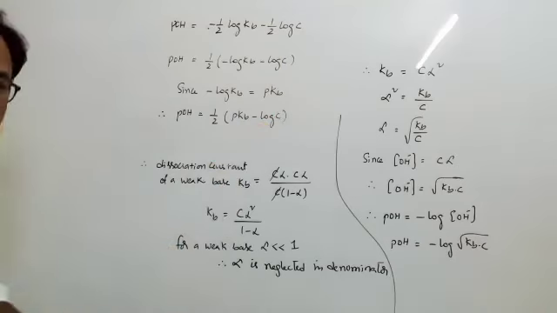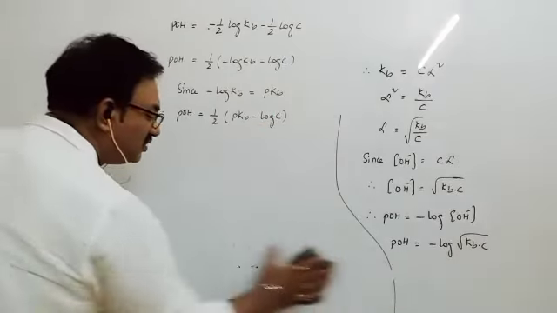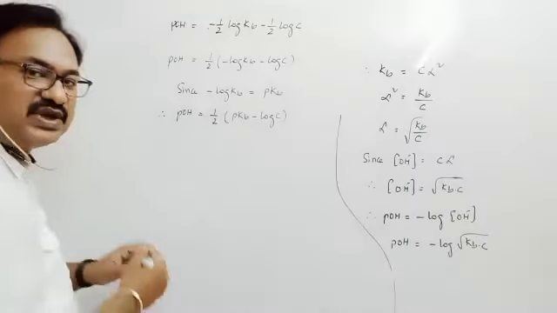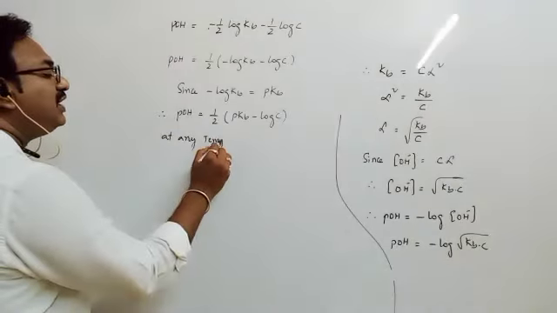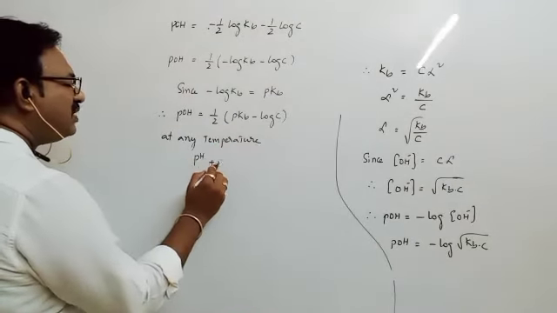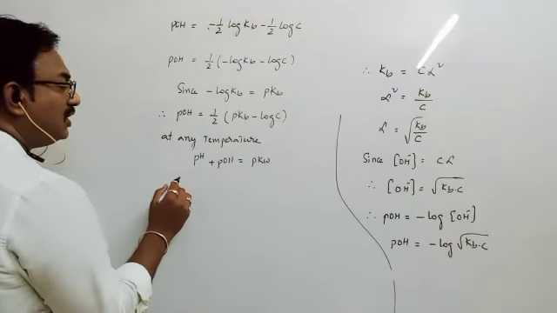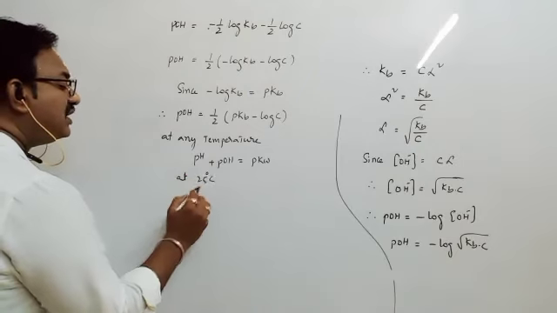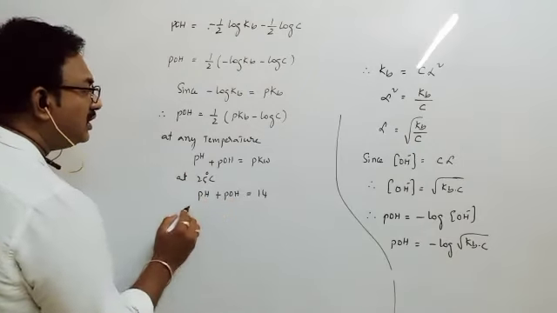Okay. And sir, if you want to calculate pH, then what do we do? You know that at any temperature, sum of pH and pOH should be equal to pKw. At 25 degrees centigrade, pH plus pOH should be equal to 14.